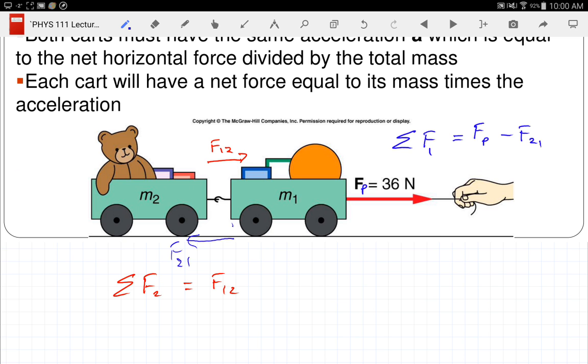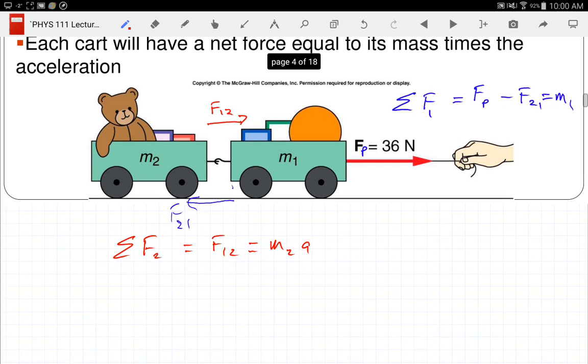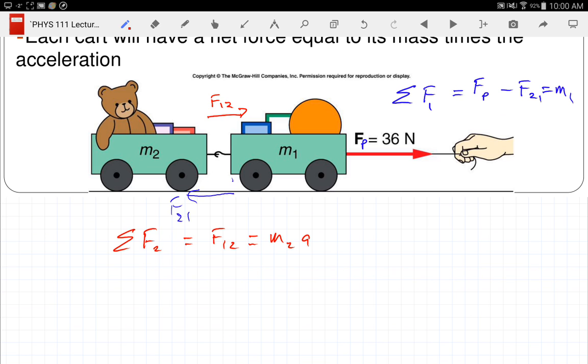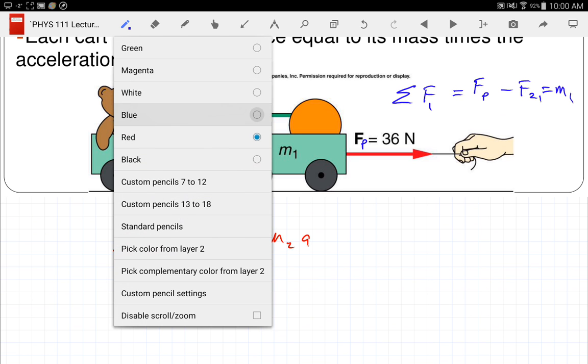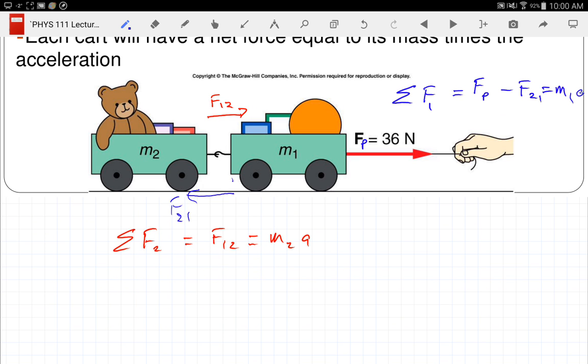But if they have the same acceleration, then this is equal to m1a, this is equal to m2a, and, my blue a disappeared. I may have forgotten to write it.